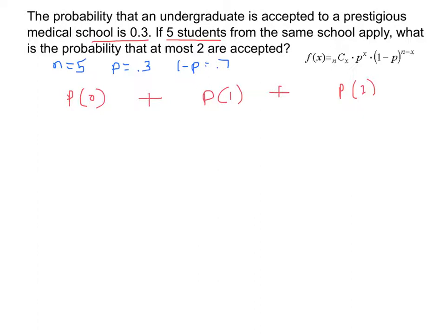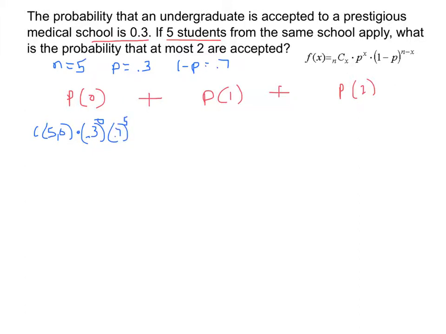We have, for 0, 5 choose 0, times 0.3 to the 0, since in this example x is 0, times 0.7 to the 5th. 5 minus 0 is 5.